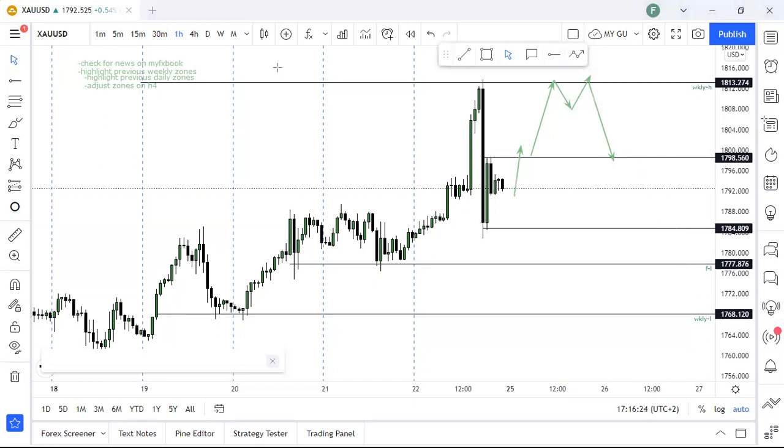However, if price ends up breaking above and then does not come all the way down as we were expecting, then it's okay for us to expect to trade that breakout and still take price higher, because that just means price has broken our previous weekly high and the new weekly candle is now taking its own formation, creating its own range. Remember, a candle is a range. A single candlestick on a daily time frame might be a range on a lower time frame. So that new weekly candle will be creating its own range.